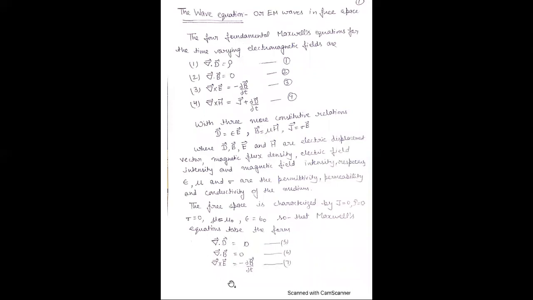Del cross del cross H is equal to del cross del D by del t, del by del t del cross D. Here D is equal to epsilon naught E. Therefore, replace D by epsilon naught E. Here epsilon naught is a constant, therefore taking outside from the derivative del by del t partial derivative del cross E. And we know that from Maxwell's third equation, del cross E is equal to minus del B by del t. Therefore put here value of del cross E, that is equal to minus del B by del t.